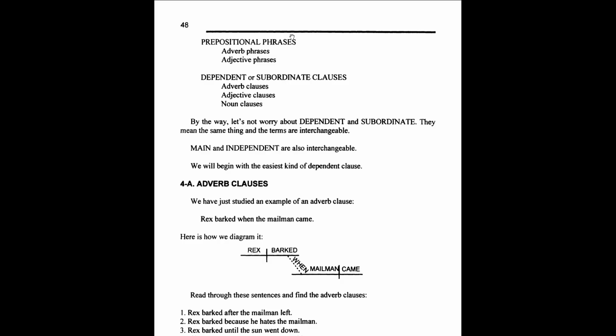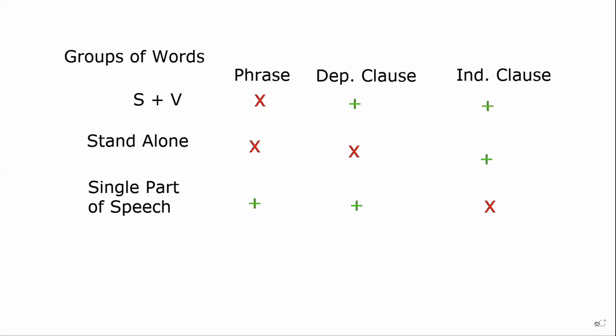Now, there's an easy way to visualize this. Again, if we clear this, we can say that groups of words can be divided into 2 main types. There are the groups of words that do not have a subject and verb.